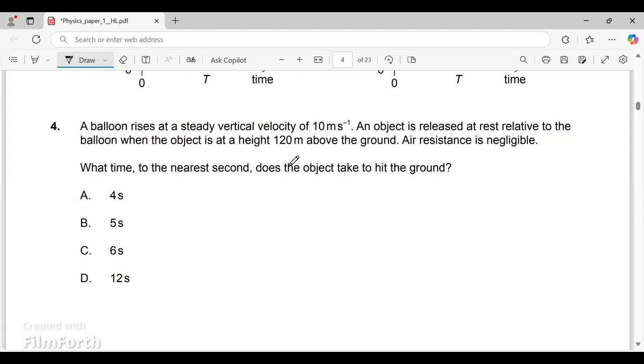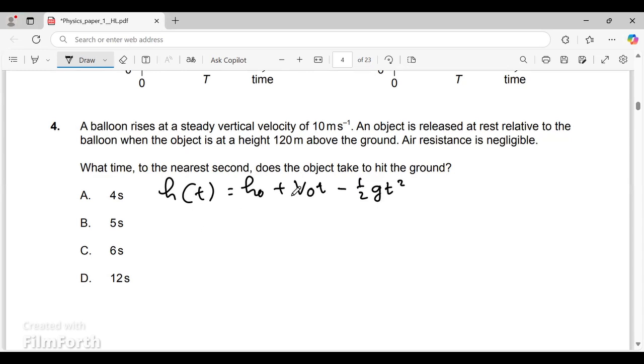We will use the kinematic equation to find the time it takes for the object to hit the ground. The equation is h(t) equals h0 plus v0 t minus 1/2 g t squared. Or you can use a, because it's acceleration due to gravity.